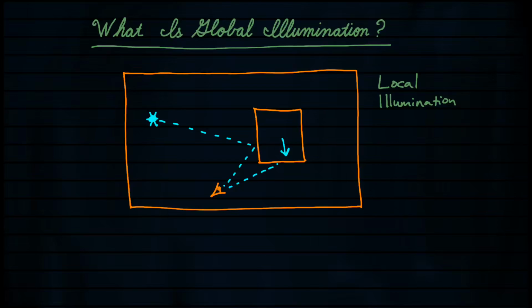And in this particular case, you could have light coming from here, bouncing around the room. The light could be going off this wall, bouncing around. And so what global illumination is determining is where all the possible sources of light could be coming from.